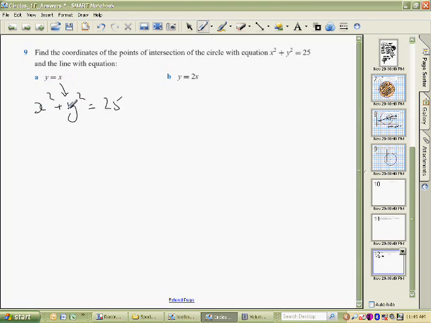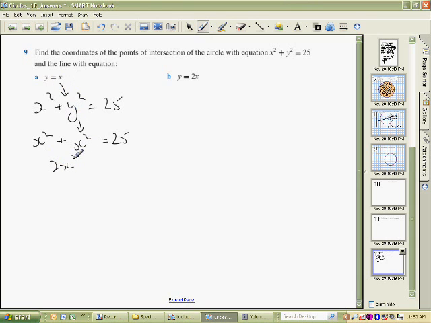So since x is equal to y, instead of writing y squared we can write x squared, can't we? Made a mess. Hang on. So I can write it like this, because y is equal to x in this instance.